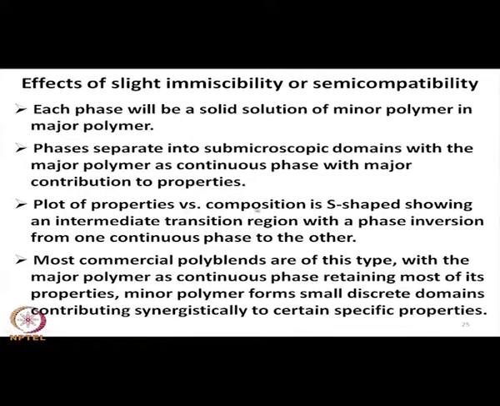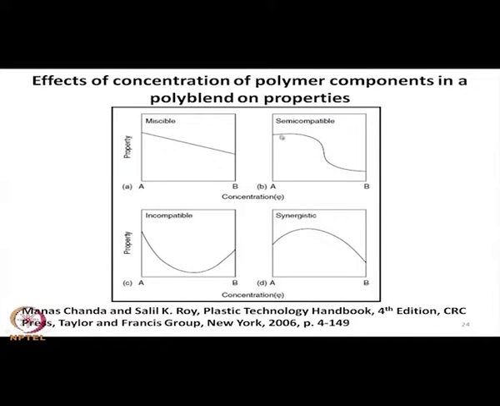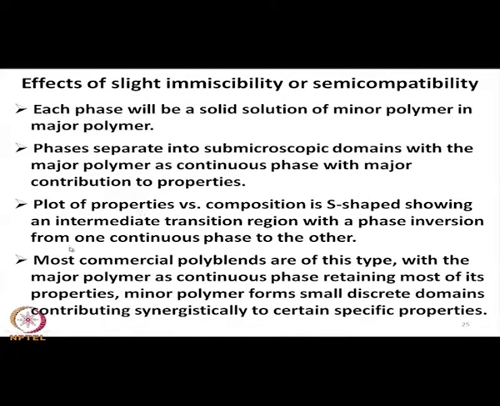The plot of properties versus composition in this case is an S-shaped curve, showing an intermediate transition region.